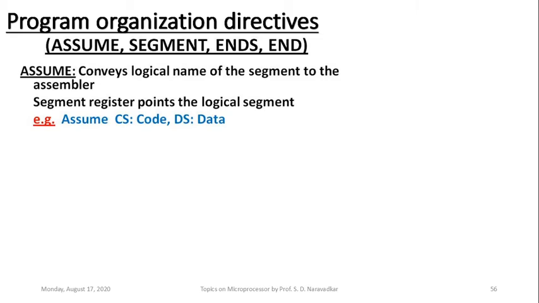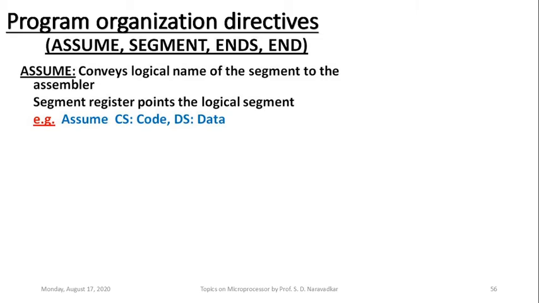In this example, for the code segment register CS:code, it means that the logical name code is assigned to that corresponding code segment here. Similarly, the logical name data is assigned to that data segment here.